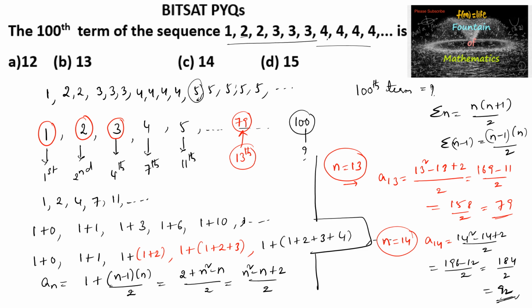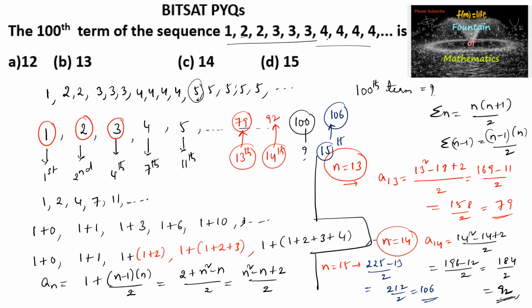So in the 14th position, the number is 92. And in the 15th position, for n equal to 15, 15 square, that is 225, minus 15 plus 2, that is minus 13, divided by 2, which is 212 divided by 2, which is 106. So in the 15th position the number is 106.